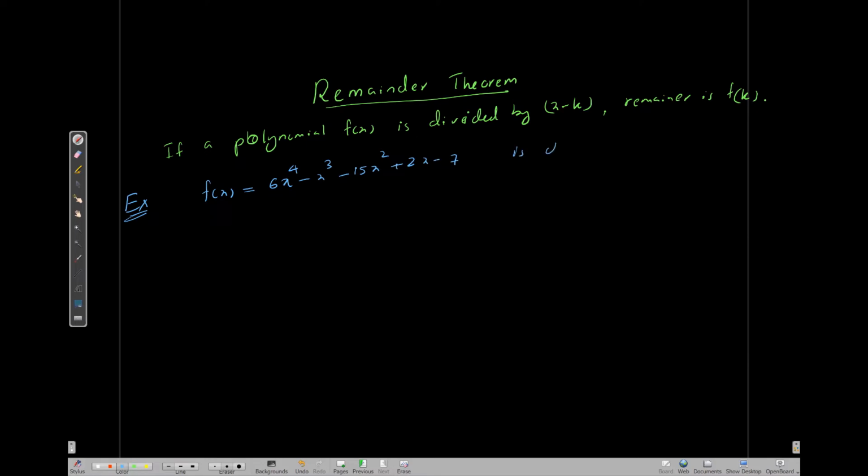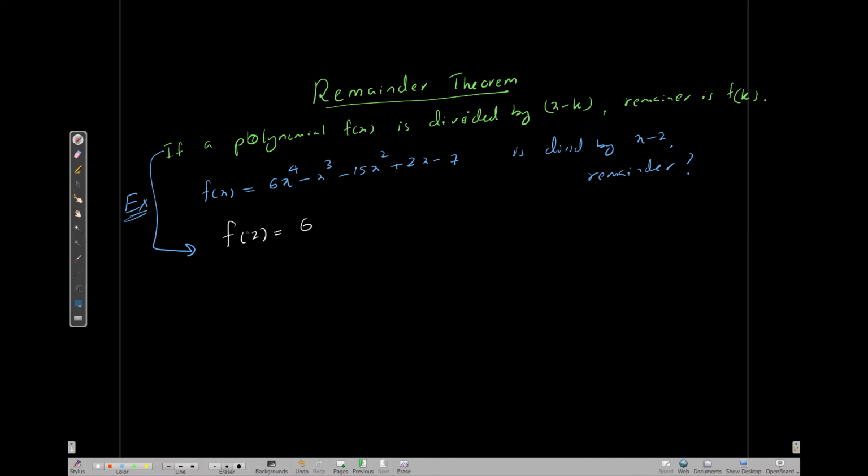Let's say that is divided by x minus 2 and we would like to find the remainder. Now, if x minus 2 is a factor, the remainder must be 0. But if it is not, there will be some other number. According to this theorem, the remainder is simply f of 2, right?